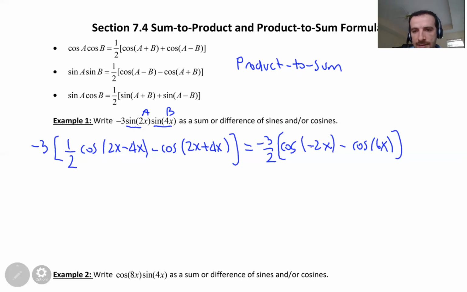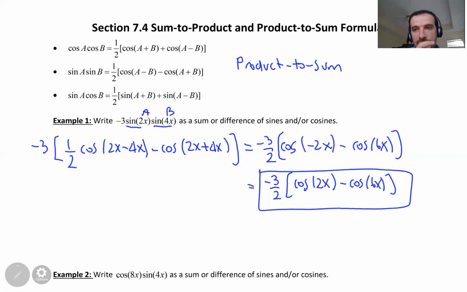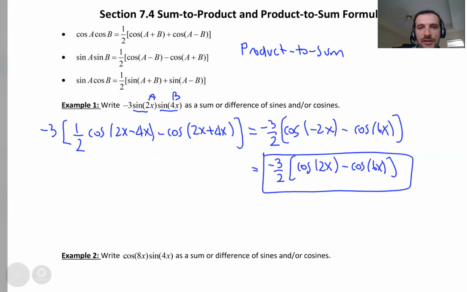And lastly, as we all know, the cosine is eating this minus inside the parentheses, so cosine of 2x minus cosine of 6x. Okay, that's it. This is one example of how to use product to sum formulas to rewrite a product as a sum or difference. Okay, I hope it's clear for everyone.